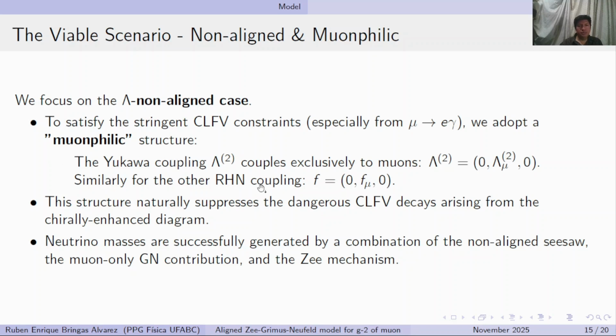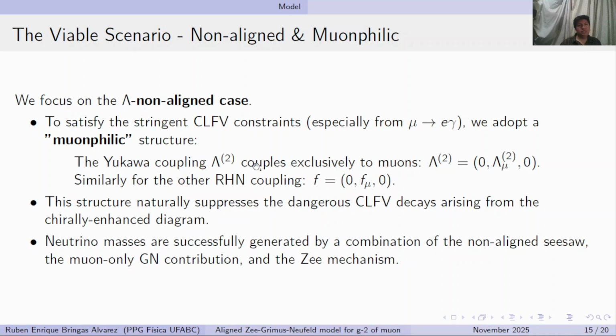Something similar happens to F, a coupling that comes from the right-handed neutrino, the right-handed lepton, and the charged scalar singlet that we add to get the Zee mechanism. With this structure we choose this form because we want to suppress some dangerous charged lepton flavor violation that we try to avoid.